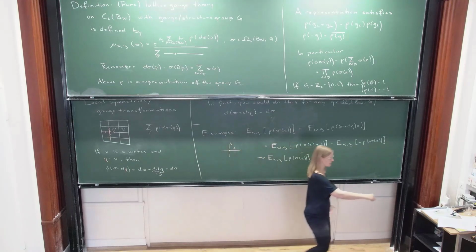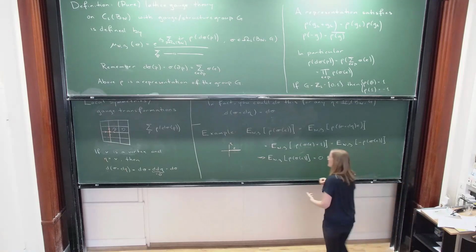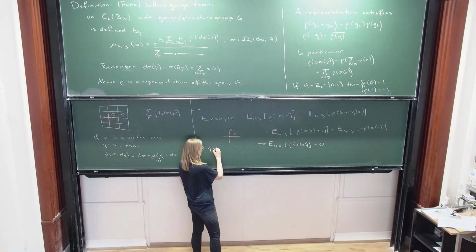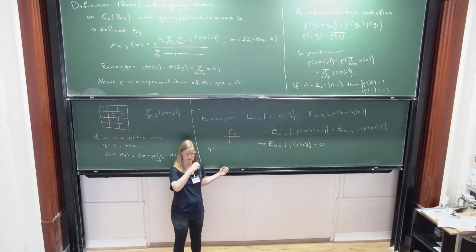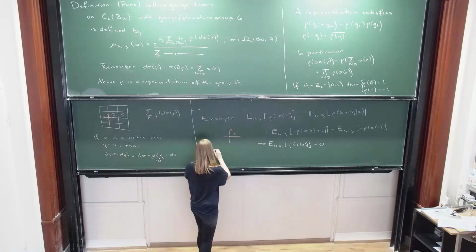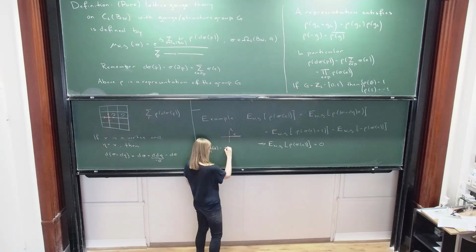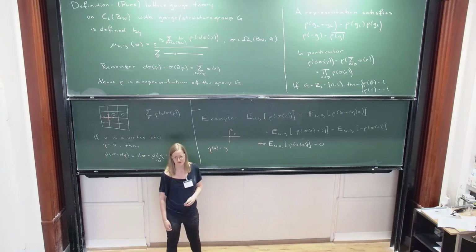If you have a more general group, this gauge transformation, eta, is supposed to be a 0 form, so it must assign a group element to each vertex. So let eta of the vertex be some group element t, your favorite one that is not 0, because then it won't make a difference.